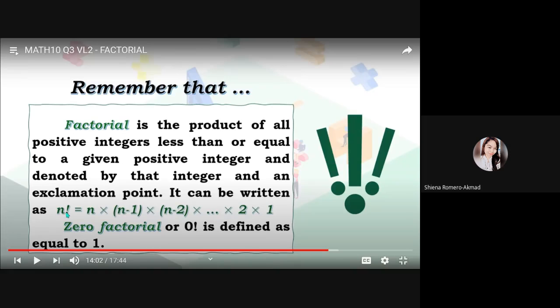Kunwari, 11 factorial. 11 factorial equals 11 times 11 minus 1 is 10 times 11 minus 2 is 9 times 11 minus 3 is 8 and so on and so forth until we get to 2 and 1. And if you have 0 factorial, it is defined as equal to 1. Okay?